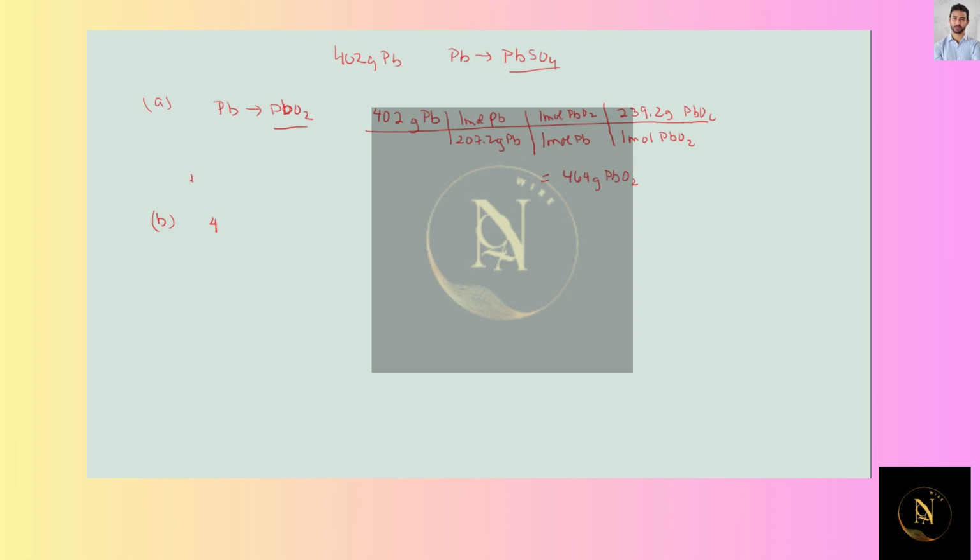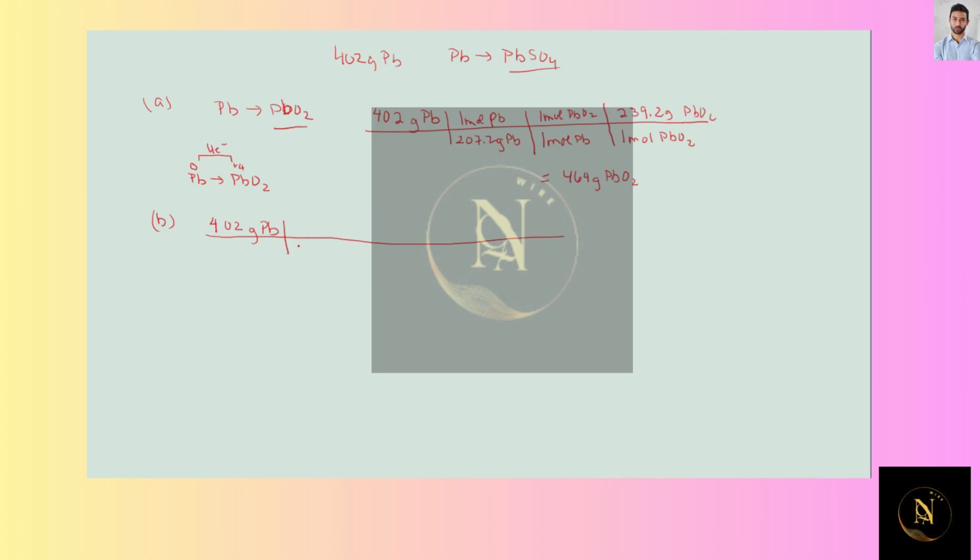Well, if we were truly talking about Pb to PbO2, then the oxidation number here is 0. The oxidation number here is +4, which would give us 4 electrons being transferred. So I'm going to set it up that way and answer the question that they've asked, but then show you how they get the answer that's actually in the answer key.